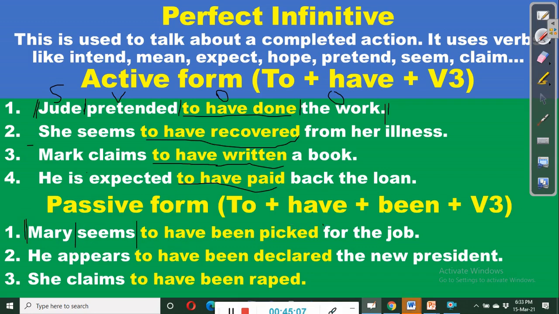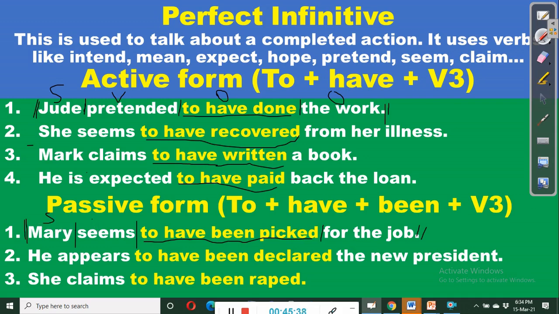Again, we break this into its components to analyze the sentence. All right, so Mary seems to have been picked for the job. Now, the passive perfect infinitive here is to have been picked. Now, this is different from the active form because in the first example, Jude is the subject. Let's analyze this passive example.